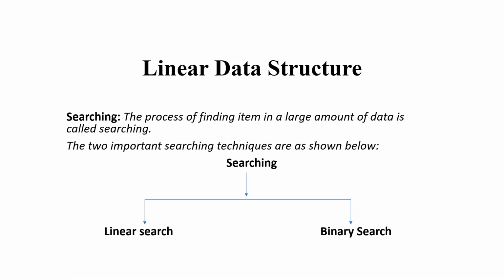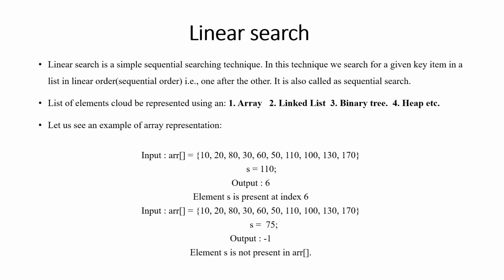First, let us concentrate on how to search for an element using linear search. Linear search is a simple sequential searching technique. In this technique, we search for a given key element or an item in a list in linear order or sequential order, that is one after another.